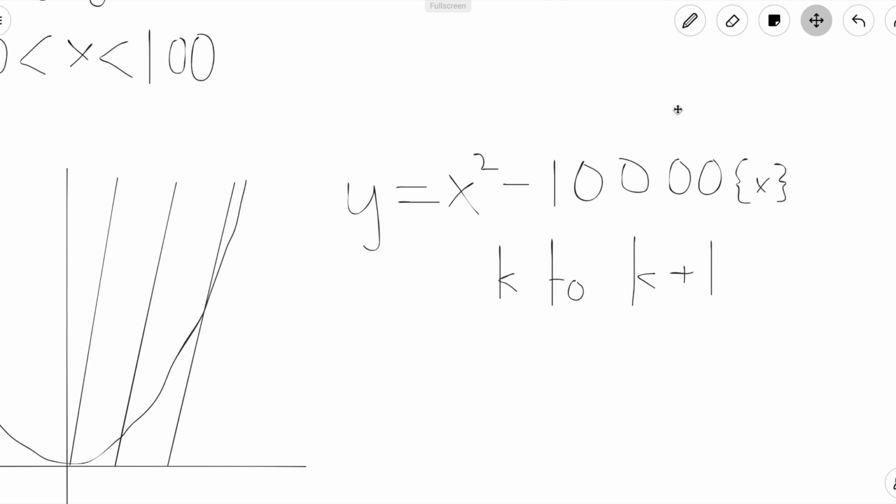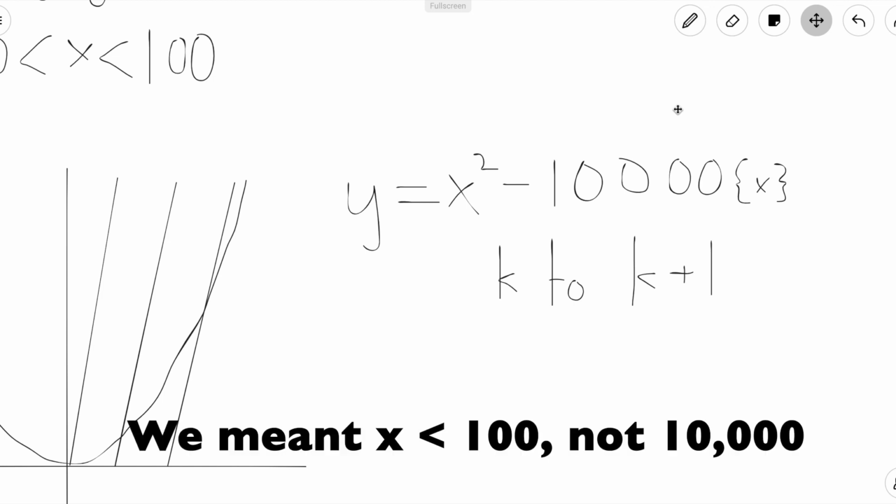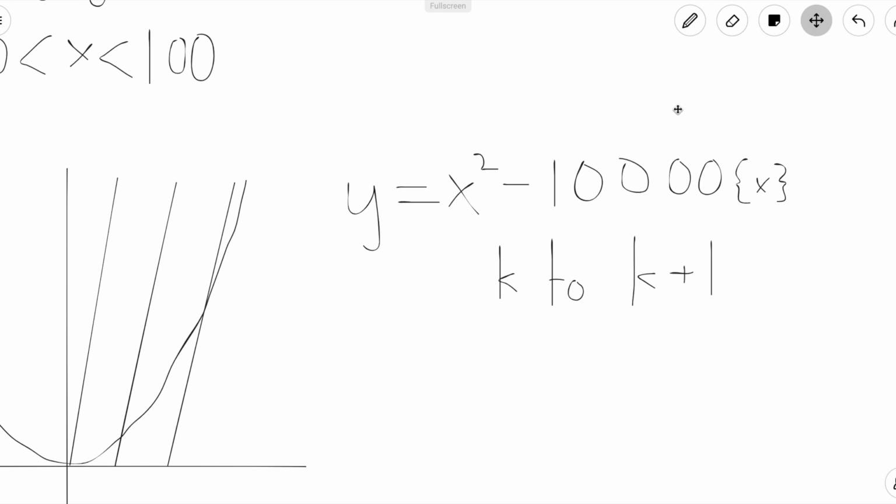So what that means is that when x is equal to k, the fractional part, since k is an integer, is 0. So that means y in this case is positive. But as x gets closer and closer to k plus 1, the fractional part gets closer and closer to 1, which means that since x squared is less than 10,000, that means that y is negative. So at some point, y must have been equal to 0, which means that there must be one solution.